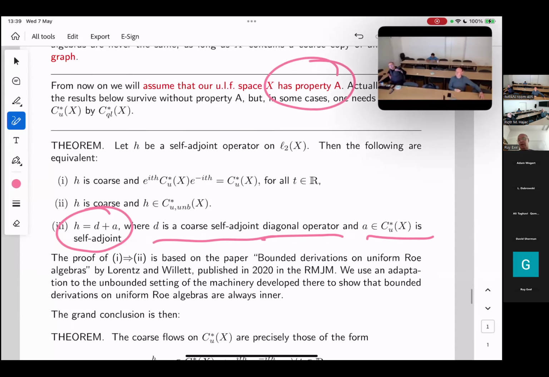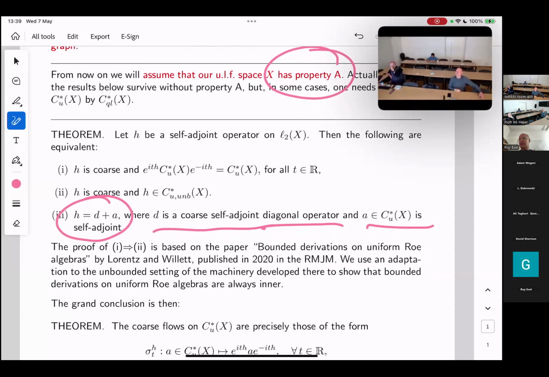The proof of this result is somewhat delicate, and it's based on a paper by Lawrence and Willett, which discusses bounded derivations on uniform Roe algebras, and we adapt their machinery to our situation here.